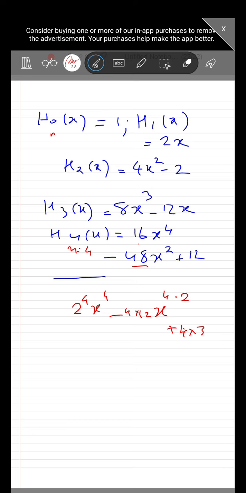So we can write it as, if you consider this as the n, 2 to the power n into x to the power n minus n into 12 into x to the power n minus 2, plus 4 into n into 3 into x to the power 0. So this is for n is equal to 4.